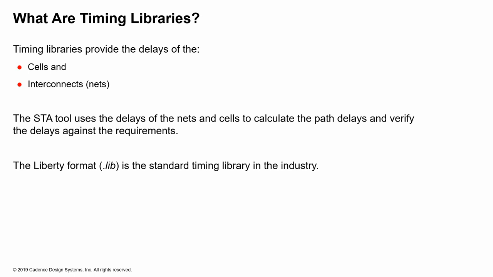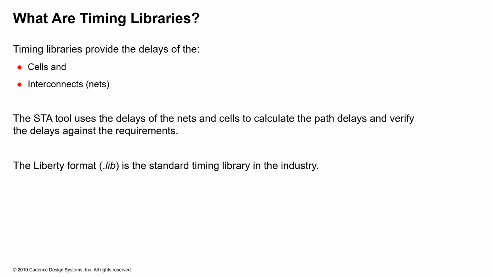Timing libraries provide delays of cells and interconnects, also known as nets and wires. Apart from this, they also provide power information and slew information and such. So the STA tool uses this information to calculate the path delays and then verify these path delays against the constraint requirements that are provided.